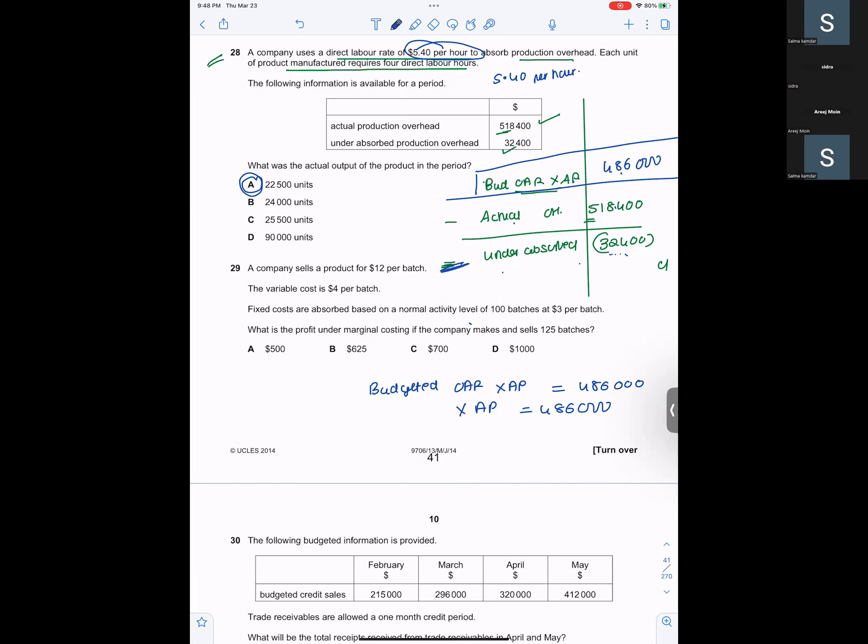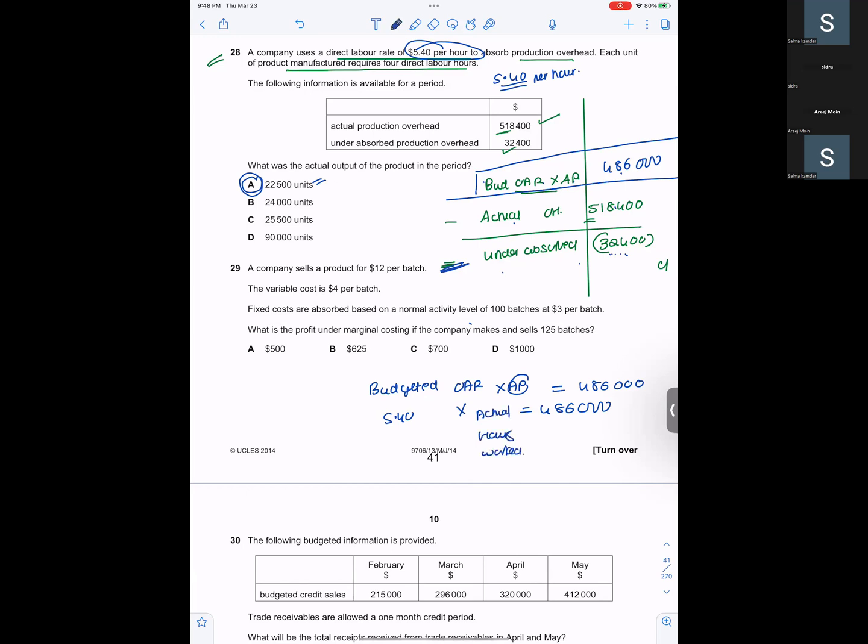But I want units. So this is 5.40 per hour. So when I'm multiplying, it is 5.40 per hour. But I need actual production or units. I need actual hours.